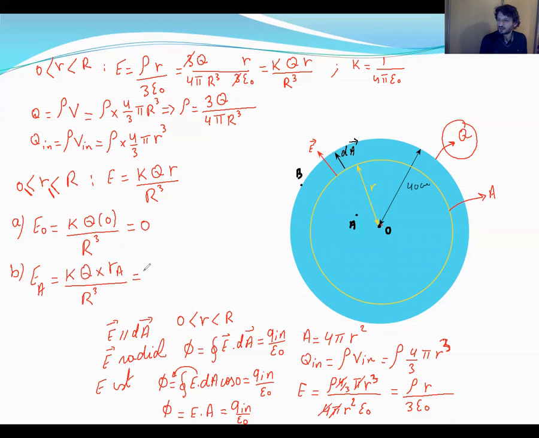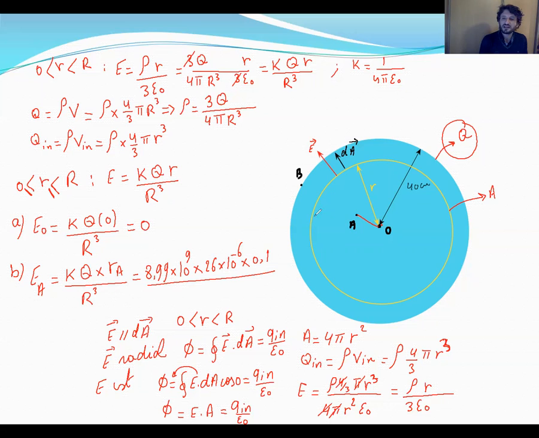You know k equals 8.99 times 10 power 9, times Q. We have the value of Q equals 26 times 10 power minus 6, times the distance of A, equal 0.1, at 10 centimeter, divided by R cube.